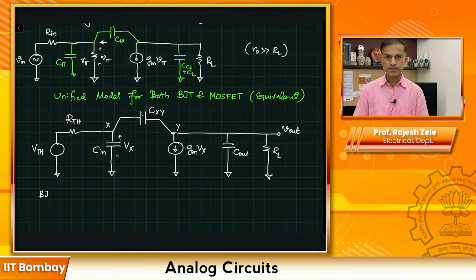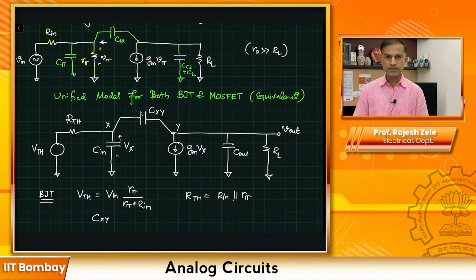So for the BJT case, we say that VTH, Thevenin equivalent looking back, is V in R pi divided by R pi plus R in, because we have two resistors here, R in and R pi. So the voltage V pi is given by resistive divider effect between R in and R pi, and that's what our VTH is. And RTH is going to be R in parallel R pi.